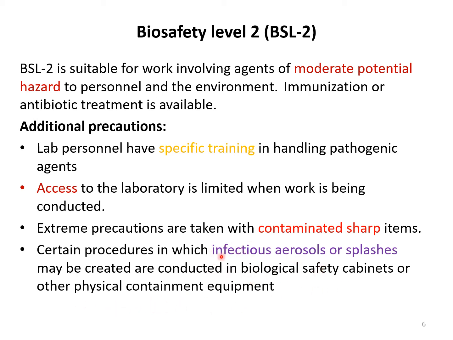So if there are aerosols or splashes, then we need to work in the cabinets. So this is about the BSL-2 level, and in the next slide we will discuss the pathogens that fall under BSL-2.